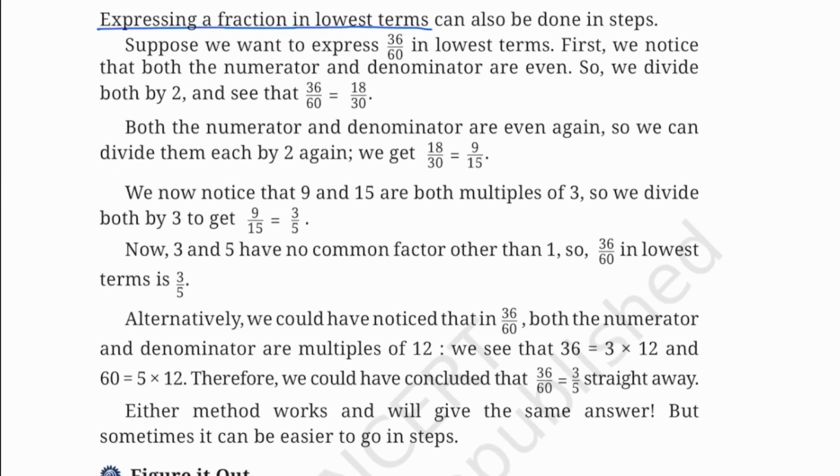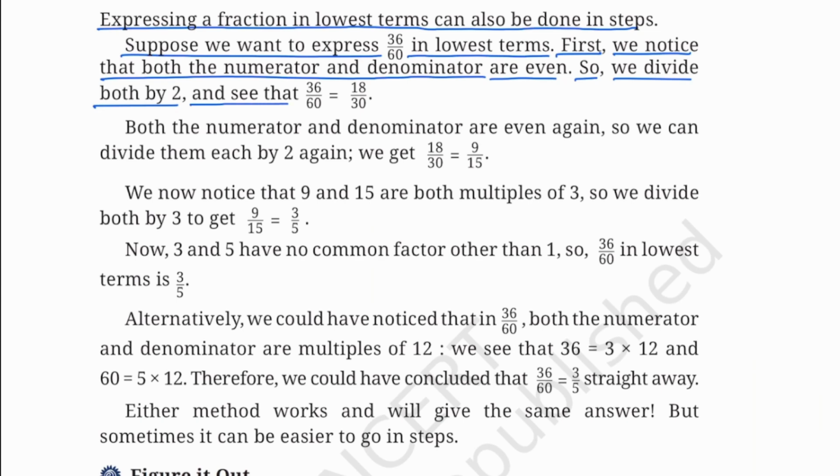Expressing a fraction in lowest terms can also be done in steps. Suppose we want to express 36 upon 60 in lowest terms. First, we notice that both the numerator and denominator are even. So we divide both by 2 and see that 36 upon 60 is equal to 18 upon 30. Both are even again, so we divide each by 2 again. We get 18 upon 30 is equal to 9 upon 15.